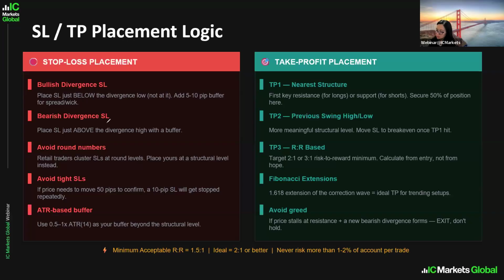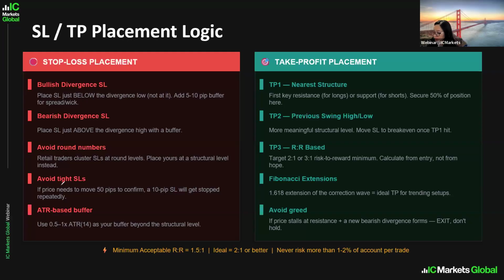Don't go for a fixed stop loss of 5 pips, 10 pips, or 50 pips. Always set it slightly above the swing high or above the resistance level, and then add 10 to 15 or even 30 pips, depending on your lot size and your account size. If you follow those signal groups, they'll say this is your entry, just buffer 30 pips, 50 pips. No, always look at the key level and place the stop loss above the key level.